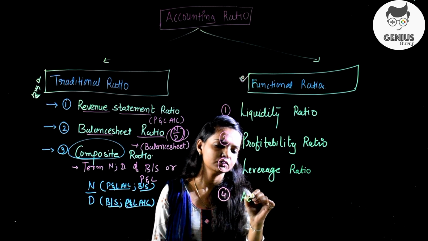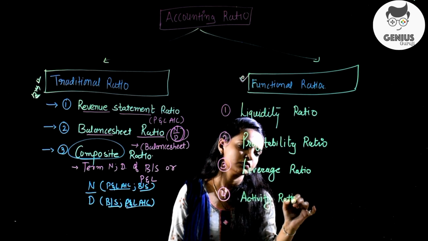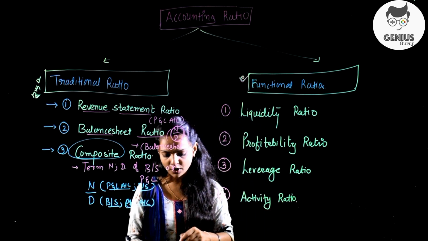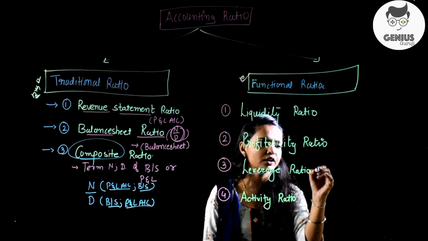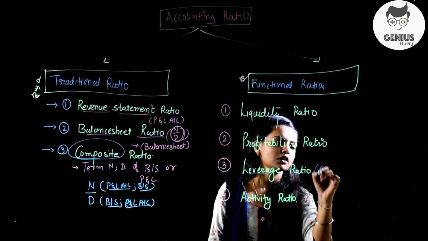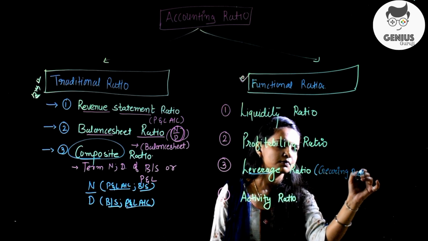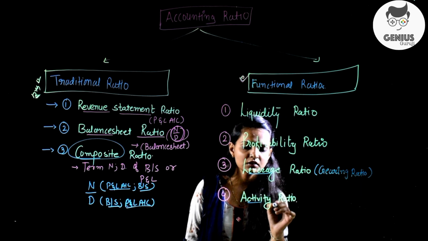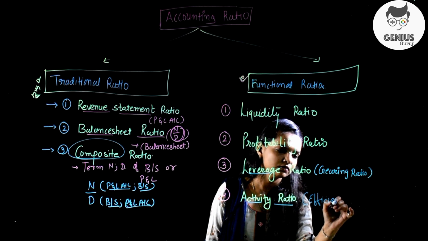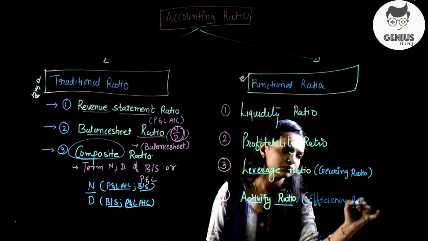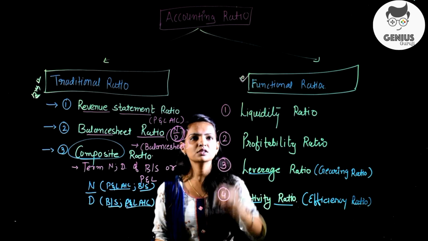And number 4, activity based ratio. Now, you can use the word leverage or you can use gearing ratio. Same here, there is another name of activity, that's known as efficiency ratio. Okay, now one by one we are going to discuss.